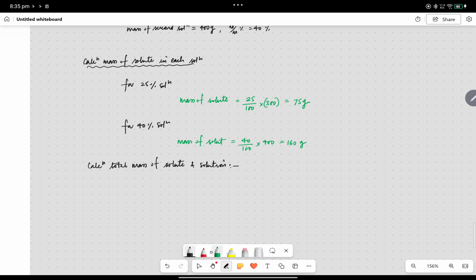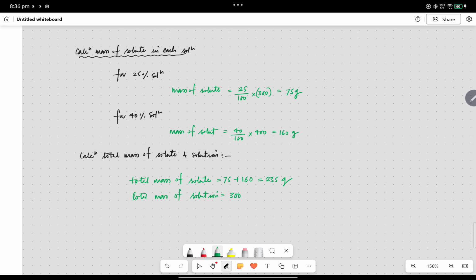Simple. Now we are going to calculate the total mass. Total mass of solute is equal to 75 plus 160, that is going to be 235 gram, and total mass of solution, that is going to be 300, that is given, 300 plus 400, right?